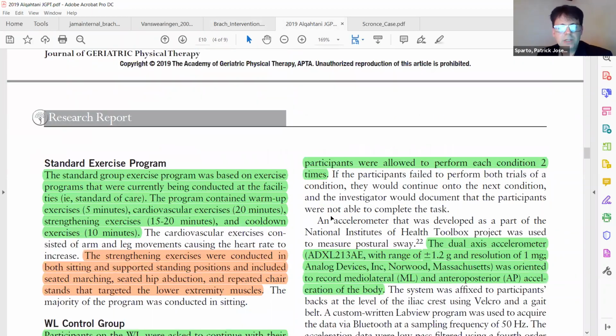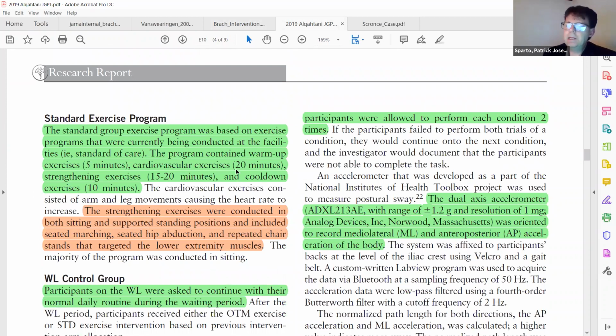The standard exercise program was primarily based on seated exercise programs that are commonly done in senior communities. An example would be Sit and Be Fit. So it's really an active control group for this, because they're not doing any walking as part of this program.